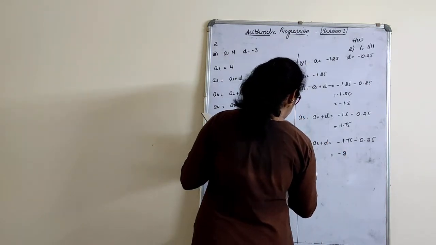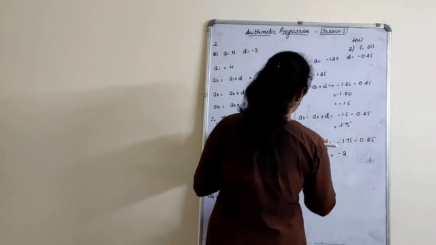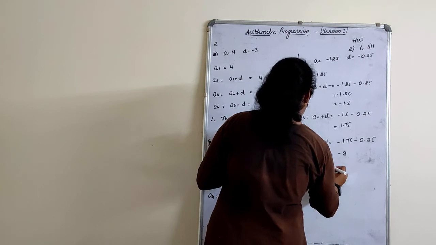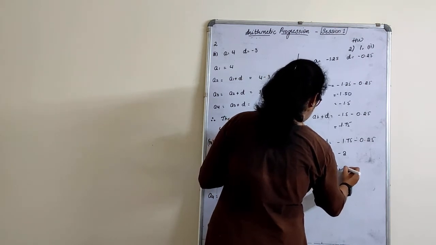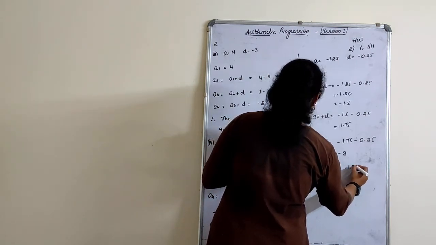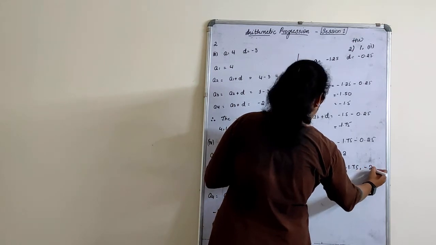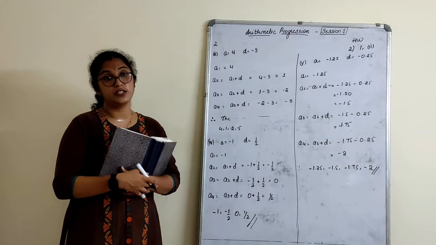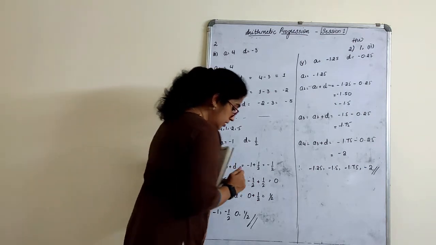Therefore, the first four terms of AP are -1.25, -1.5, -1.75 and -2. This is how you do the first four terms of AP.